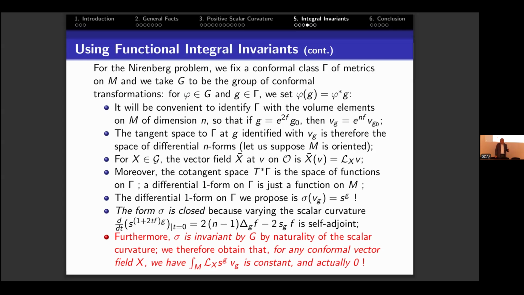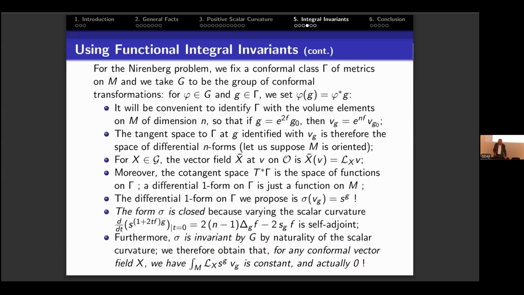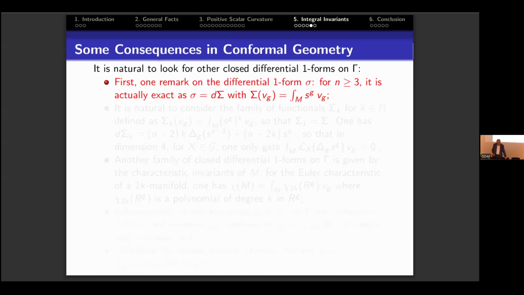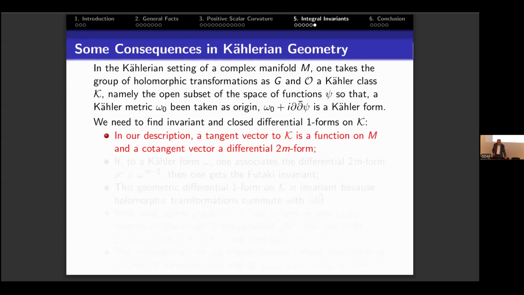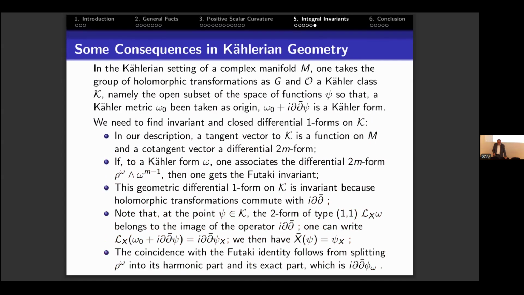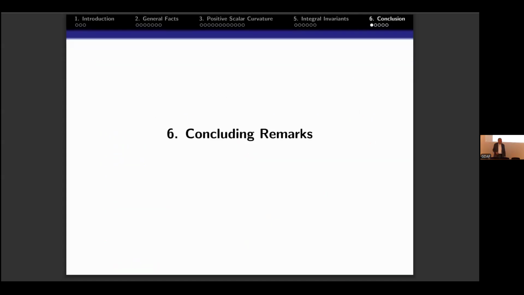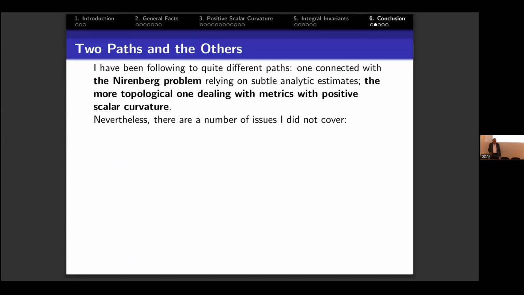And I build many more obstructions than the Futaki invariant and Kazdan-Warner. But I skipped that. So that's my own contribution, where I obtained some results, but there are some more results to come, I hope. And even in conformal geometry. So anyway, I've been too slow. My concluding remarks, because it's time for me to close.